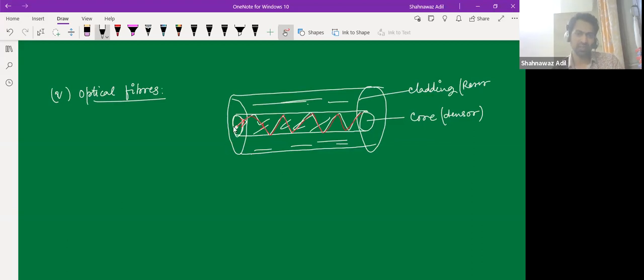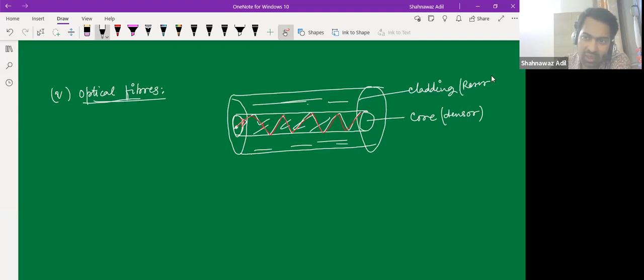So some signal which you want to send, let's say some voice signal or sound signal, is translated into this optical signal, or some electrical signal is translated to this optical signal, and then you receive this signal at the end, right? So there is no net loss in the optical fiber. That is why they are preferred, right? So this optical fiber is made up of two parts. One is this core, and the other one is this cladding.